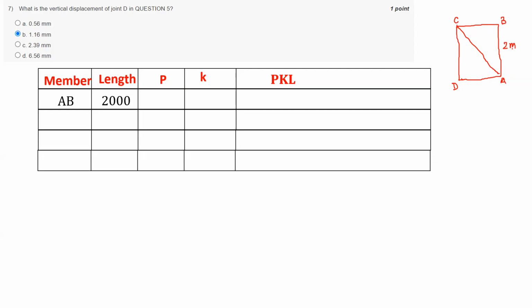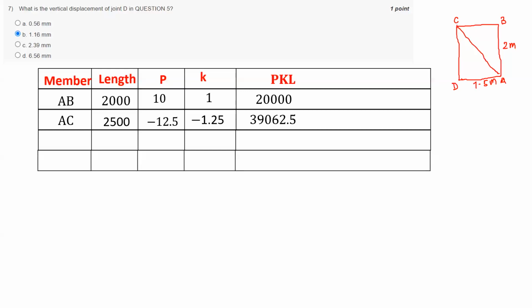P in AB we have 10, K we have 1, so PKL is 20,000. Then AC we have 2500 because this is 2 meter, this is 1.5 meter. So it becomes 2.1, 12.5. That is the P force, and minus 1.25 is the K force.